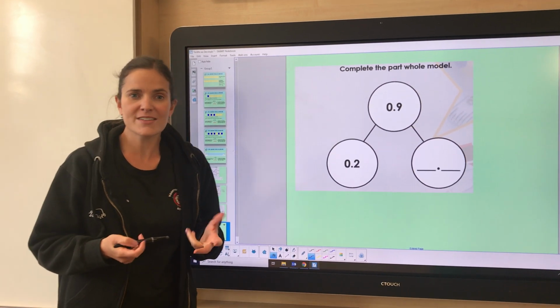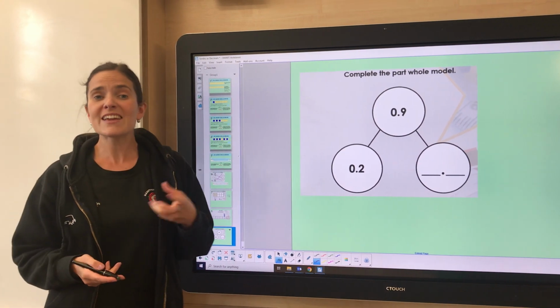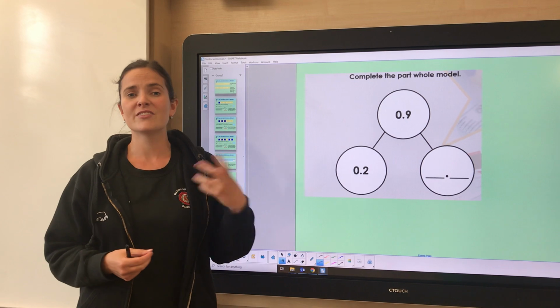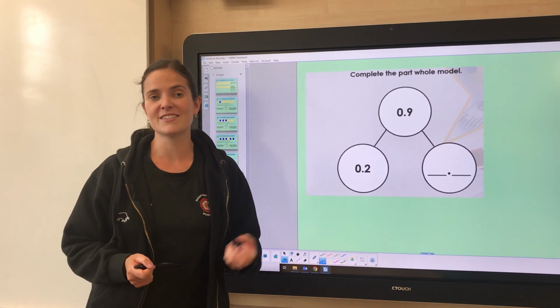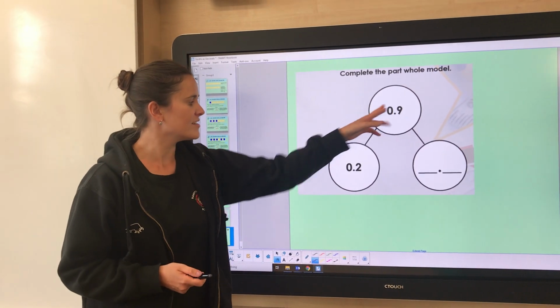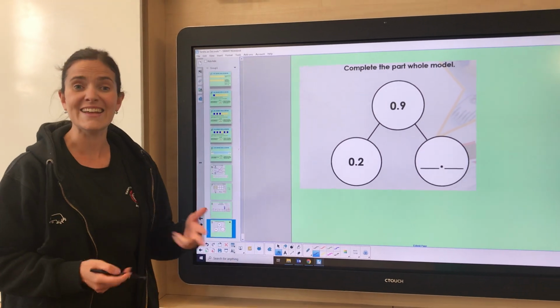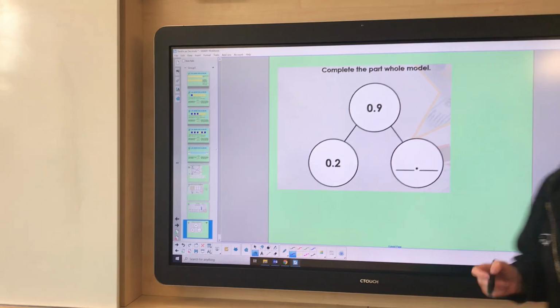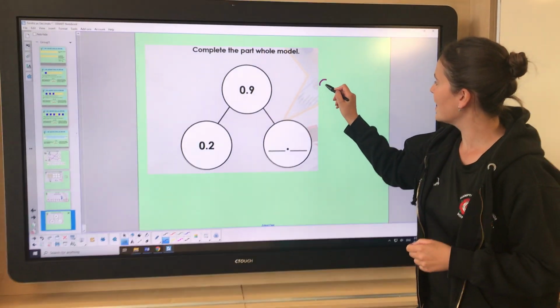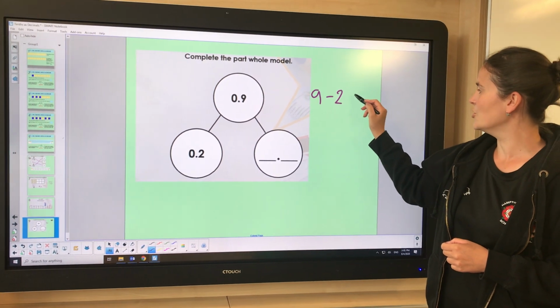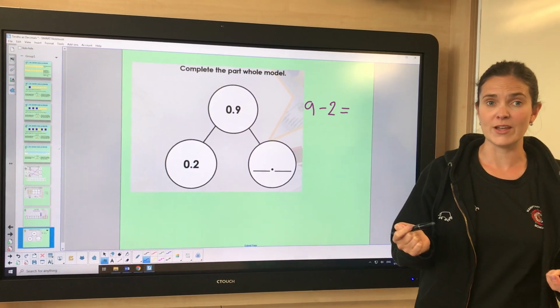There are two ways you can do this. To be honest, one of the easiest ways to do in this kind of situation is just think about the numbers that come after the decimal point. In this case, 9 and 2. And you can do the calculation in a couple of ways. So you could have your 9 at the beginning, and then you could take away the 2, and what does that leave you with?